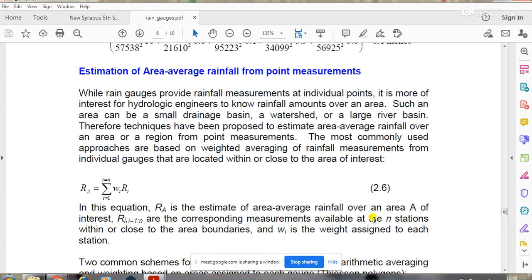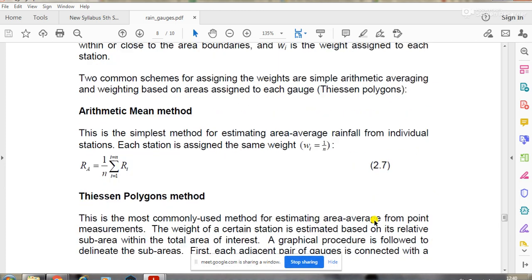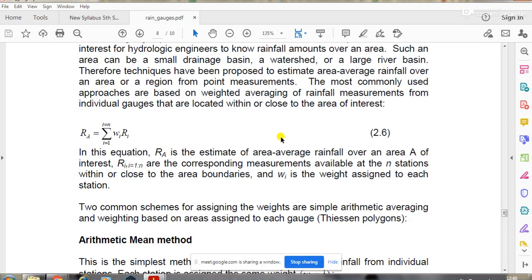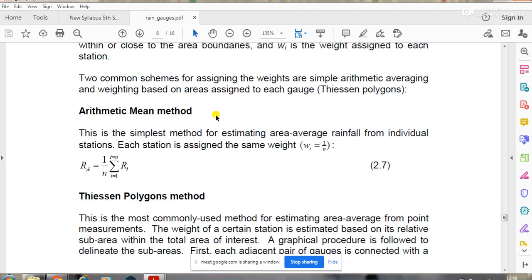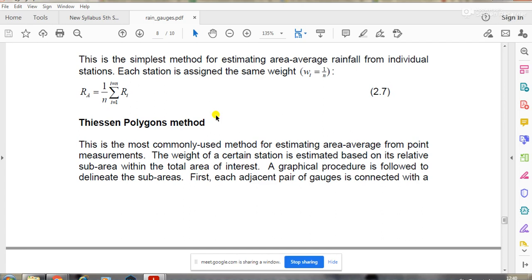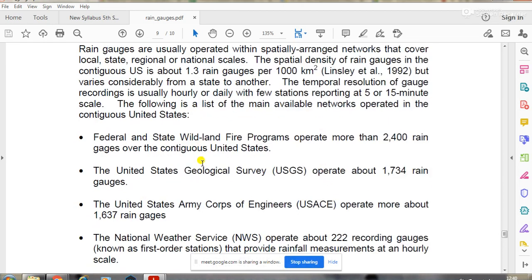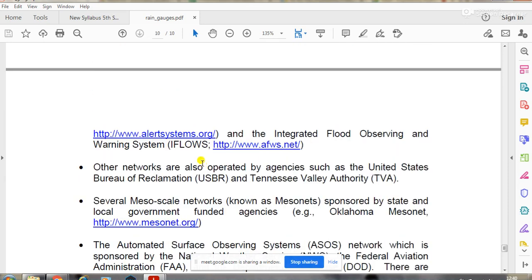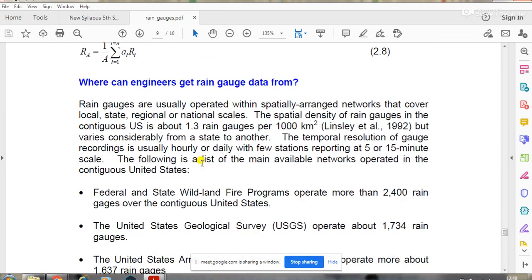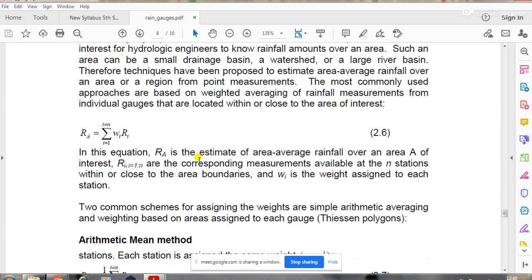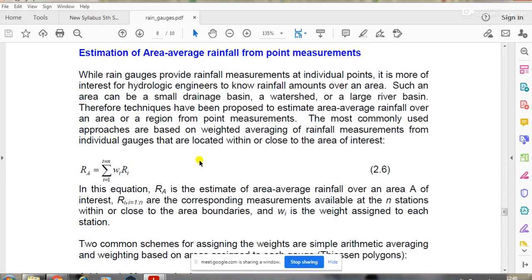Then few more formulas are given for the area average rainfall of a point, that is the arithmetic mean method, then Thiessen's polygon method. Obviously these are well known and well established methods of calculation, so we'll go for a quick discussion on these two methods.